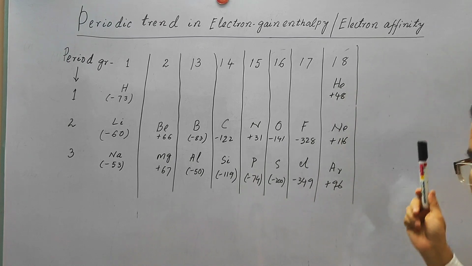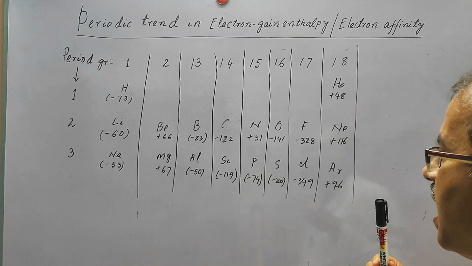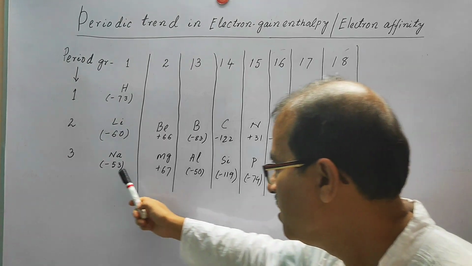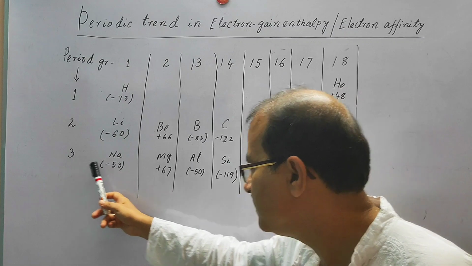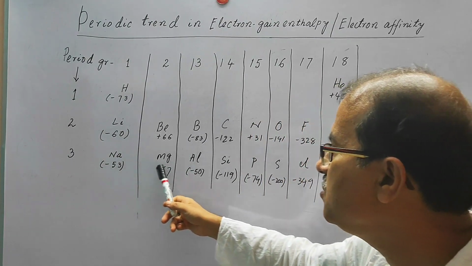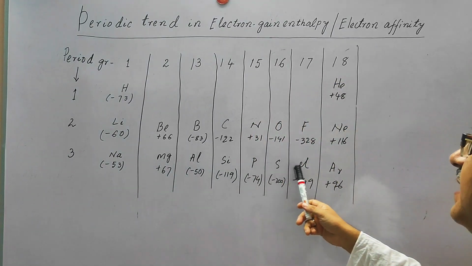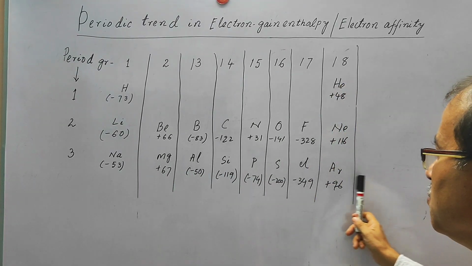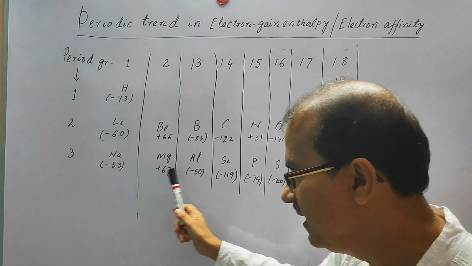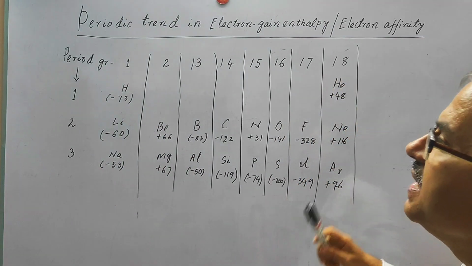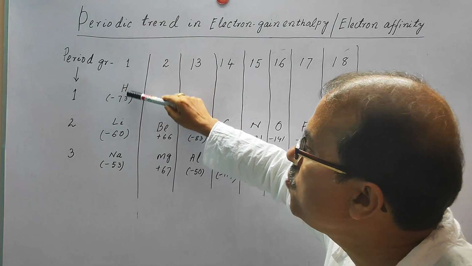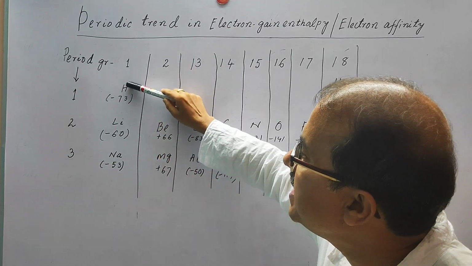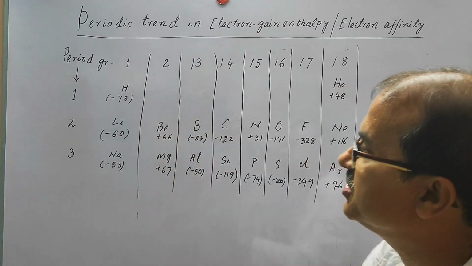But in the noble gas, the electron gain enthalpy is very high, because you have to give a lot of energy to put in one electron. In period number 3, you also find that as we go across from the left-hand side to the right-hand side, the electron gain enthalpy is much more negative. Also in the group, as we go down the group, the electron gain enthalpy is decreasing.